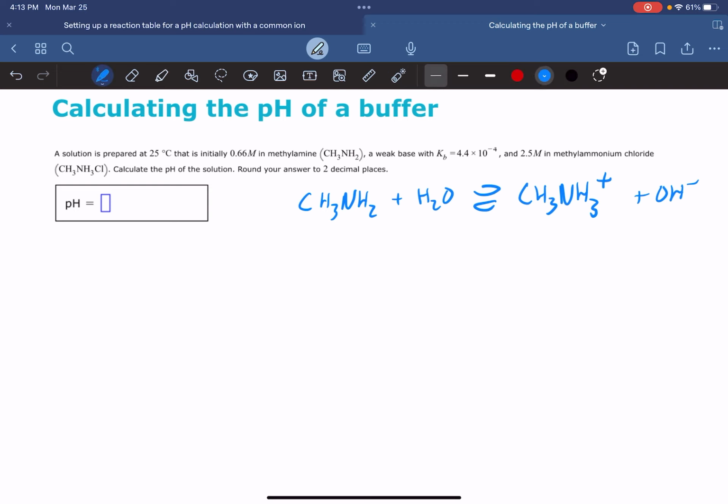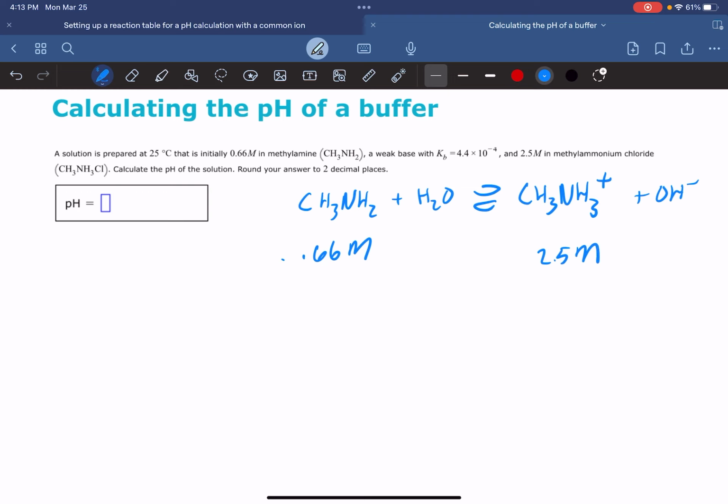Now, the other thing is, and they did us a nice favor here, they just gave us the molarity of this, and then they're like, hey, just in case that's not enough, let's give you the molarity of this. So I'm just going to write this in here, and these are my initial values of both of these. I have 0.66 molar of this, and I have 2.5 molar of this.